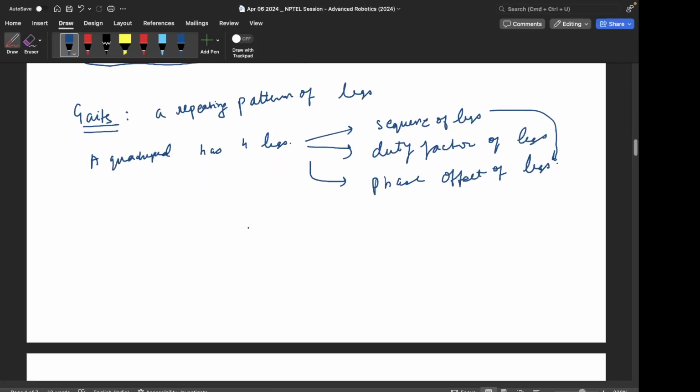So the idea is, let's say this is the top view of the robot, and let us put a notation for the four legs. So this is front right, this is front left, rear left, and rear right. Now what are a few possibilities that you can think of? One is to swing one leg at a time.